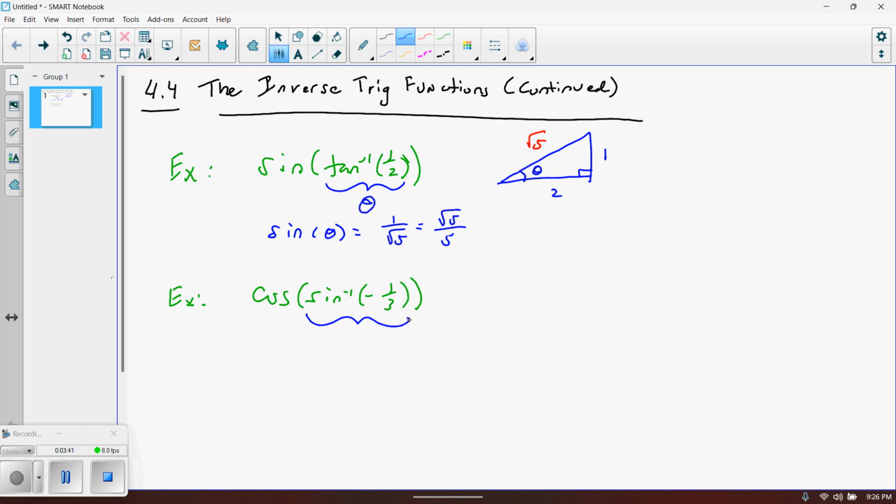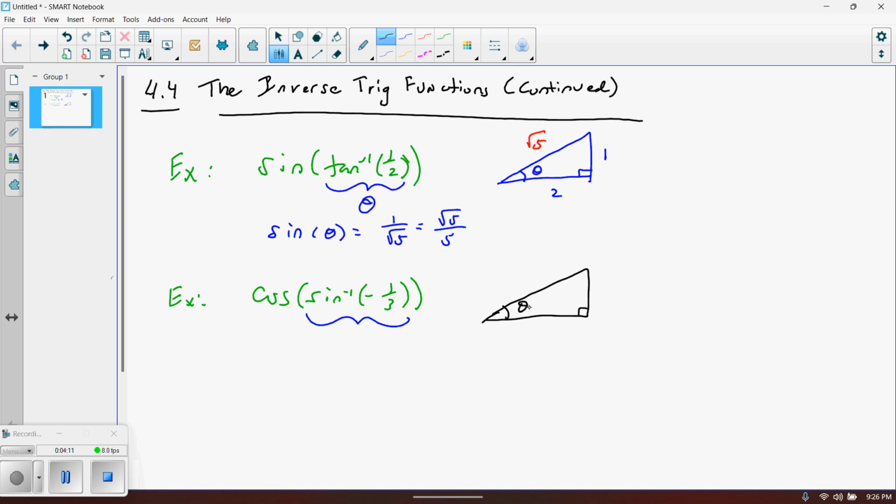So we're trying to find the inverse sine of negative 1/3. I'm still going to sketch a triangle. Now, I do this slightly differently because I don't feel that I need to put the triangle in its proper quadrant, although the inverse sine of negative 1/3 we know should be in the fourth quadrant. But I don't really feel the need to do that as long as we understand what it is that we're looking at.